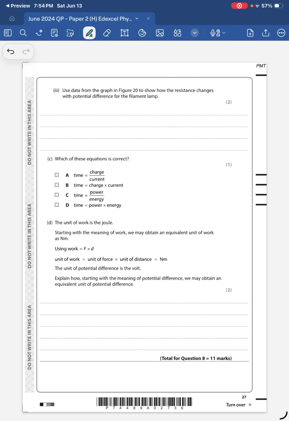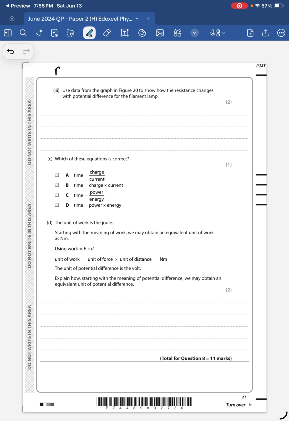Okay, part 3. Use data from the graph in figure 20 to show how the resistance changes with potential difference for a filament lamp. So how many points? They don't specify points, so you can choose a few.